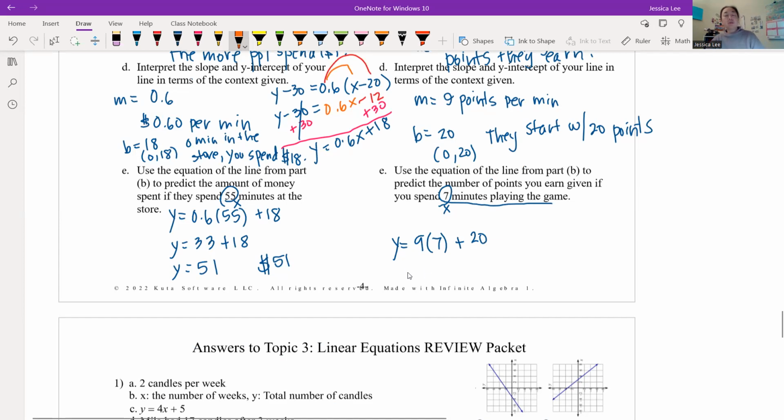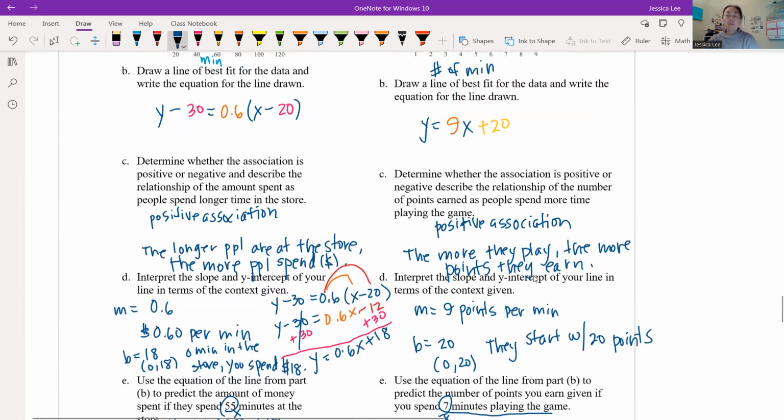These are just predictions. We're saying if you play about 7 minutes, you're going to get about this many points. Let's do some math. So y equals 9 times 7, which is 63, plus 20. Y equals 63 plus 20, which would be 83. So 83 points. We're estimating that if we play 7 minutes, they're going to have about 83 points.